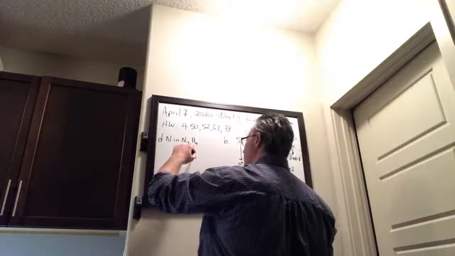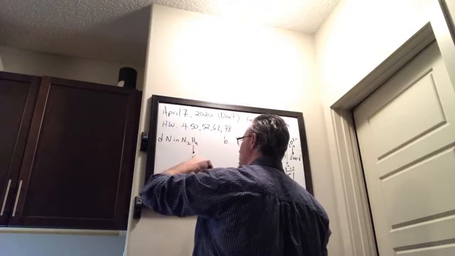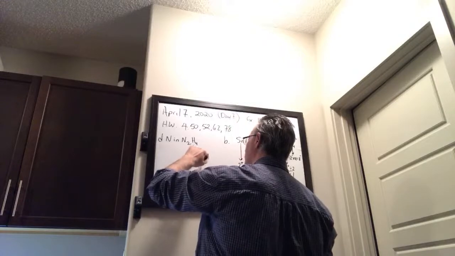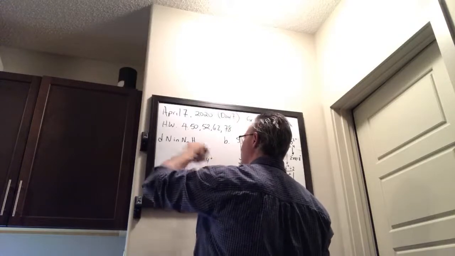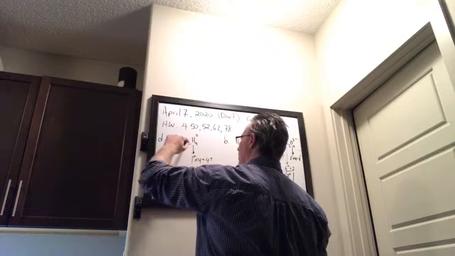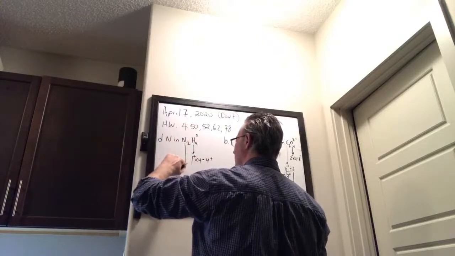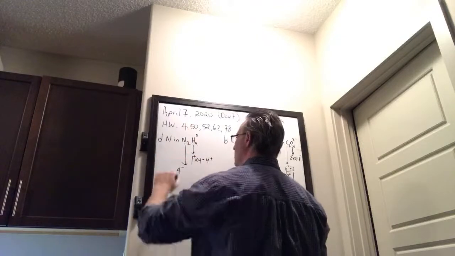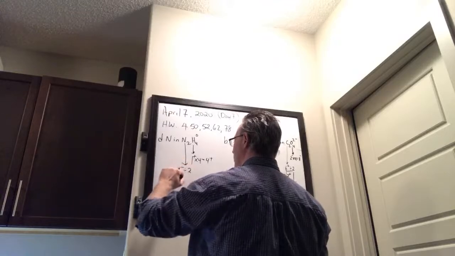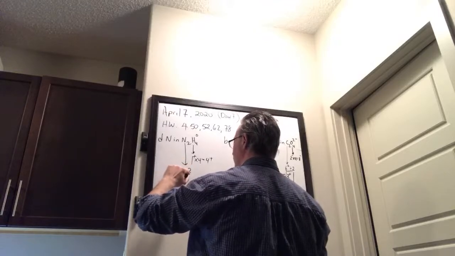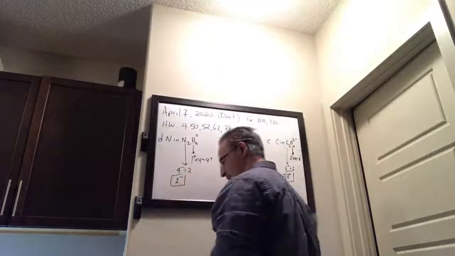Clearly, nitrogen is more electronegative than hydrogen, so nitrogen is going to be the one with the negative oxidation state. So we're going to assume that hydrogen has its +1 state here. There's 4 of them. You would expect it to be 4+ because of the hydrogen. It's 0 overall, so that means that something is -4, and that's going to be the nitrogen, of which there are 2, so that means the nitrogen is at -2.